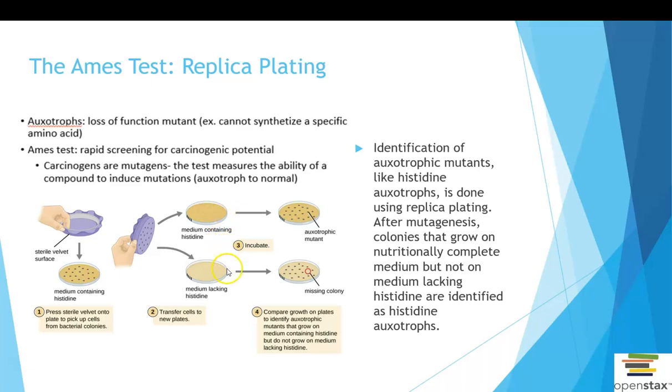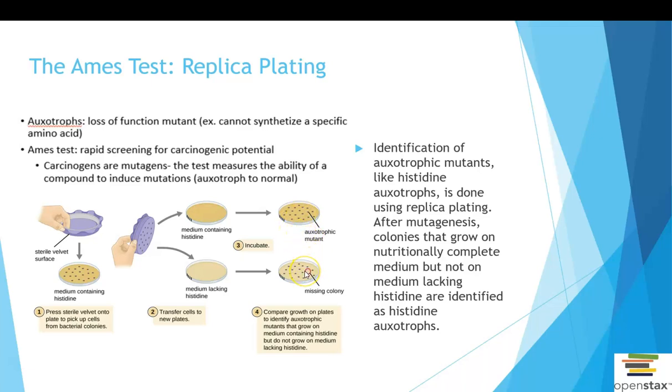Then they're going to have two kinds of media, one with histidine and one without histidine. They transfer these bacterial colonies to these two types of plates, and after incubation, they compare them.